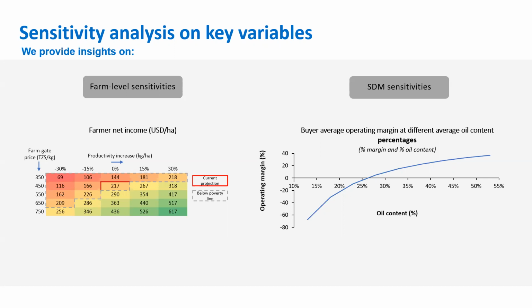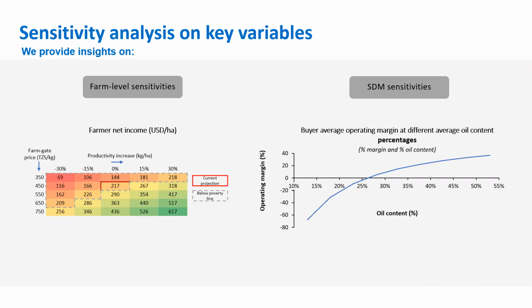What might be the impact of irrigation on productivity? Because of that, and because of the impact these assumptions have on the outcomes of our analysis, we think it's necessary to run sensitivity analysis on them.